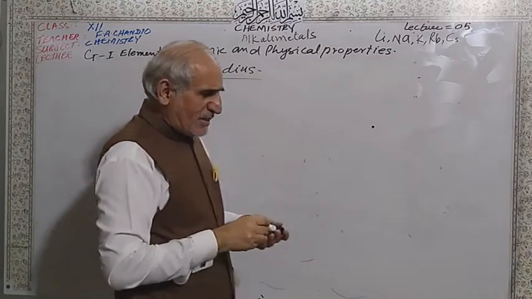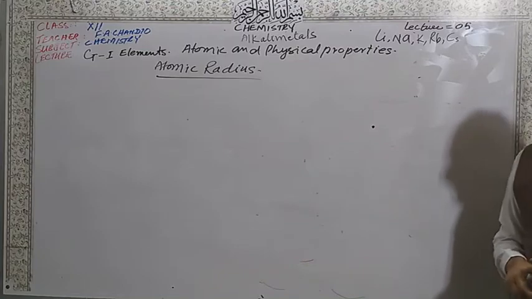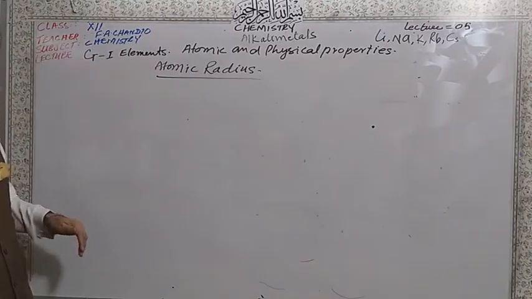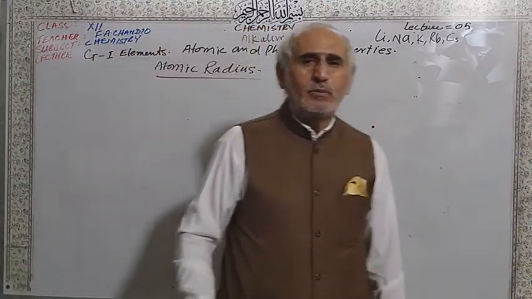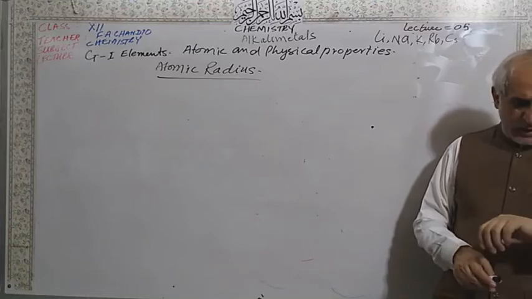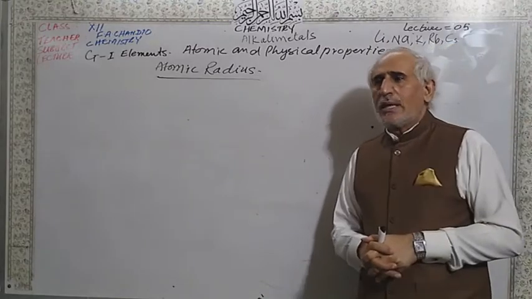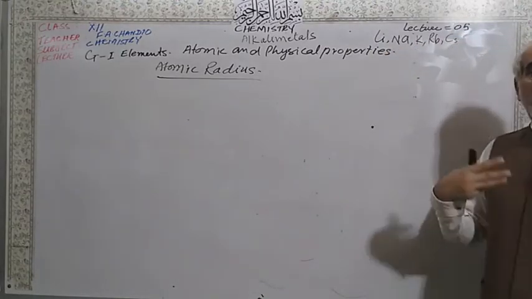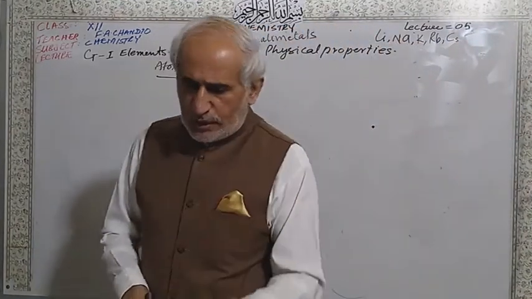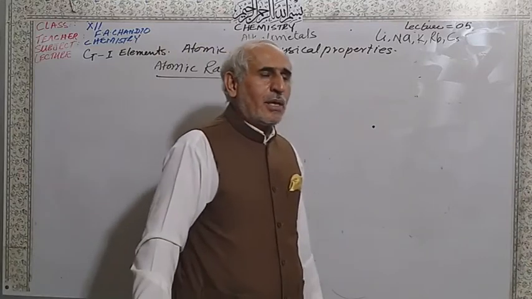Now we will discuss the atomic and physical properties of group number 1 elements. Number 1 is atomic radius.